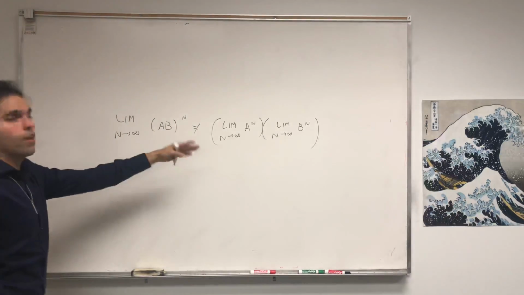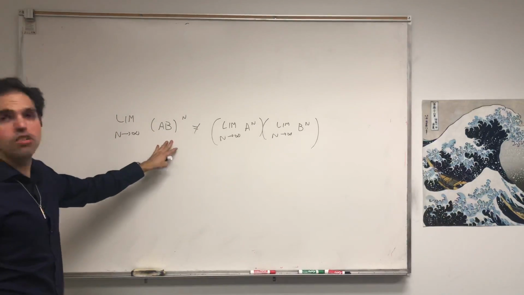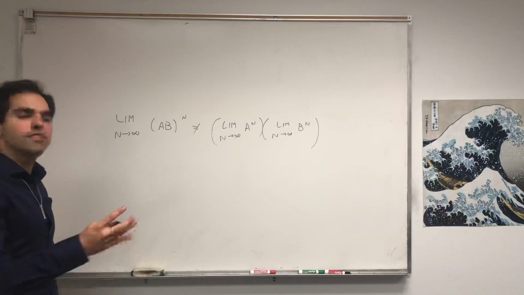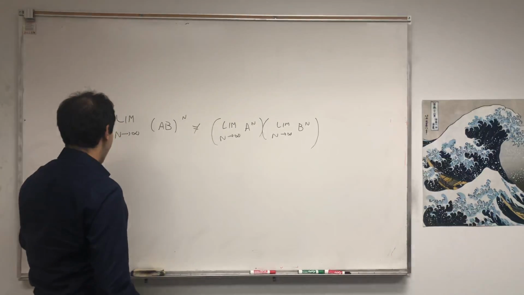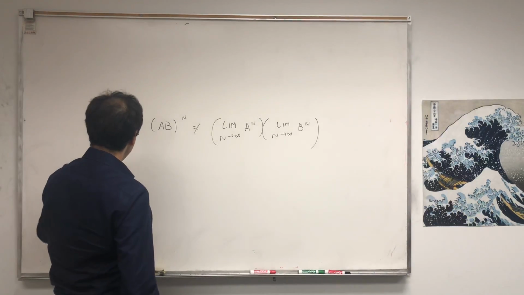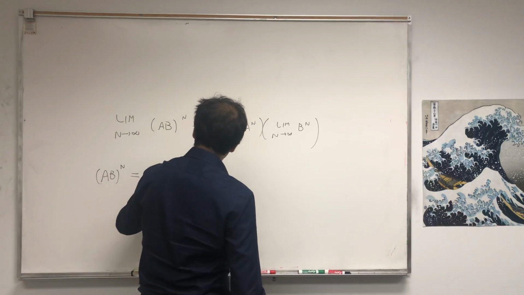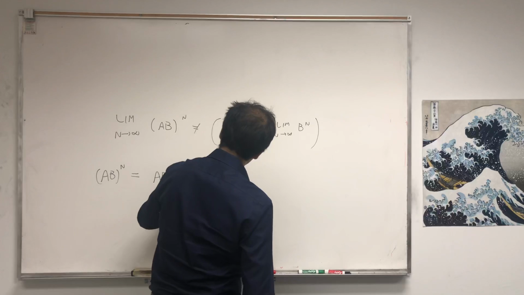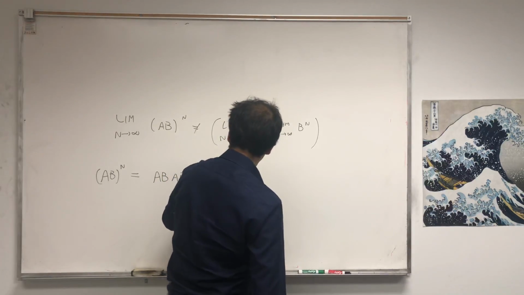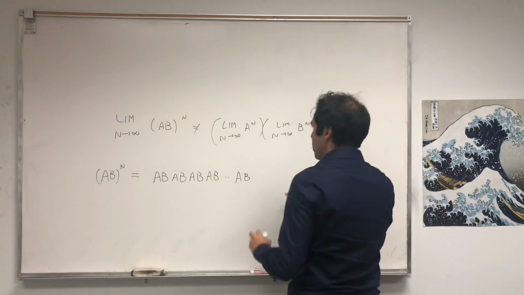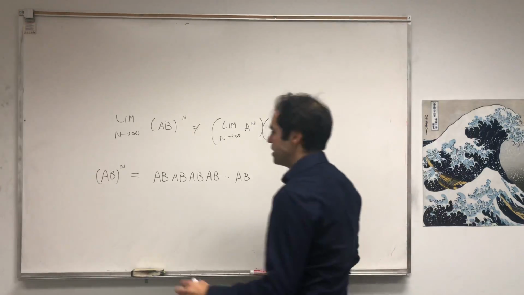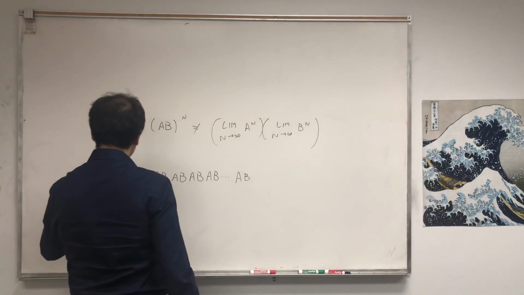And by the way, why is that true? Because think of (AB) to the n as a very high power of AB. So (AB) to the n is AB multiplied n times. But A to the n times B to the n would mean something different.